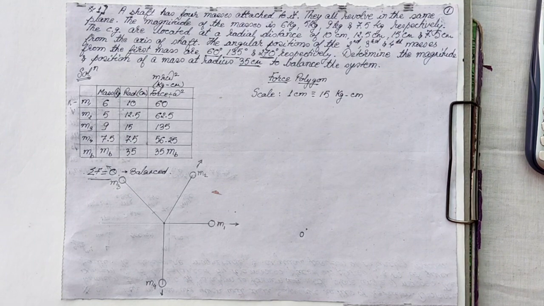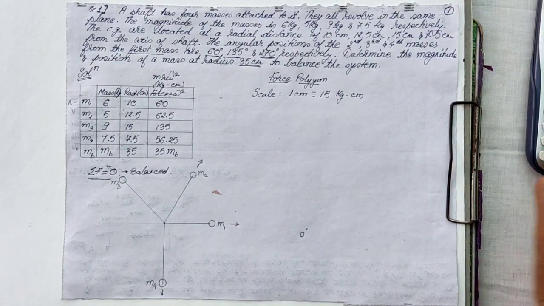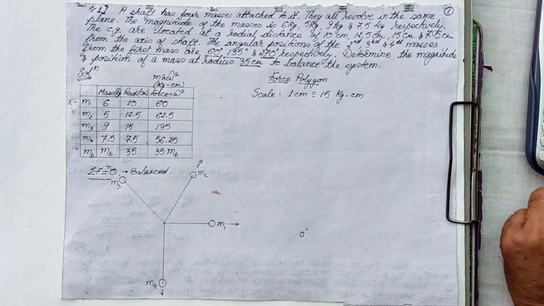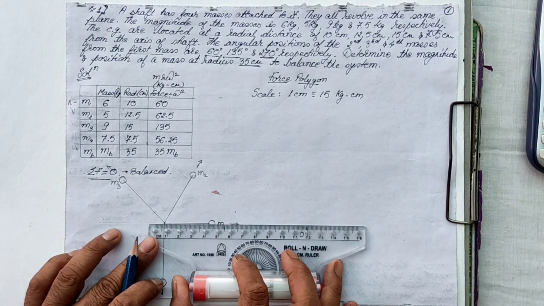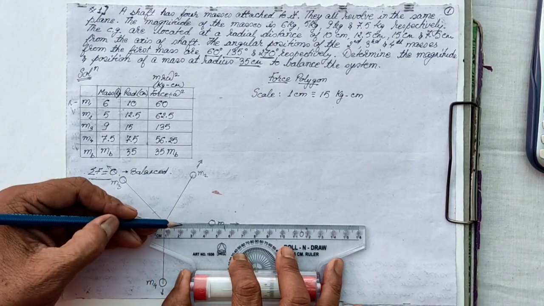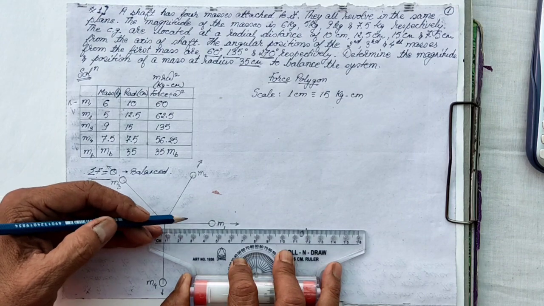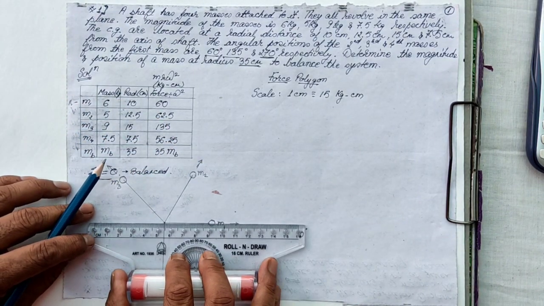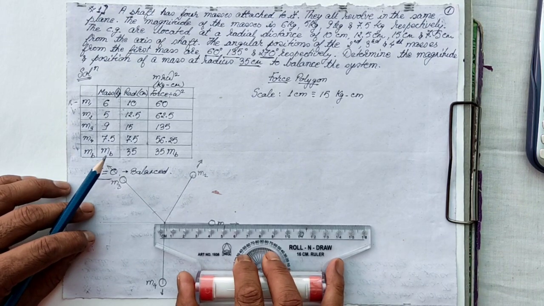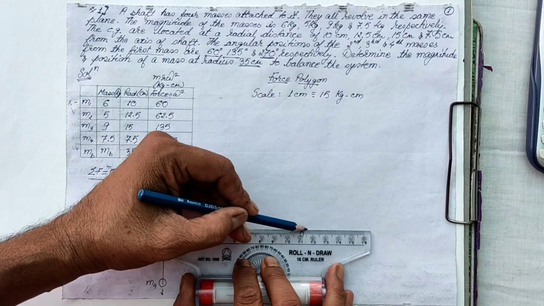According to this, my first value is 60, so according to my scale, 60 divided by 15, I get the first. Matching with the phase of M1, I draw the first vector. See, I am matching with the first M1 phase, and I draw the vector.